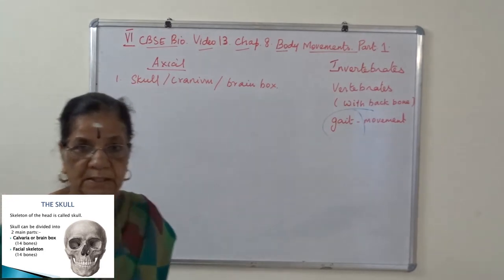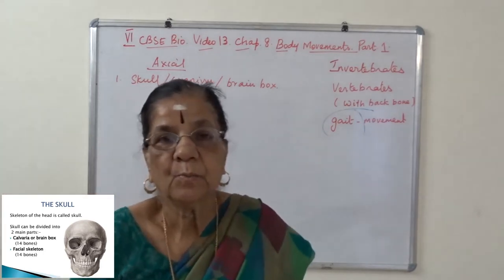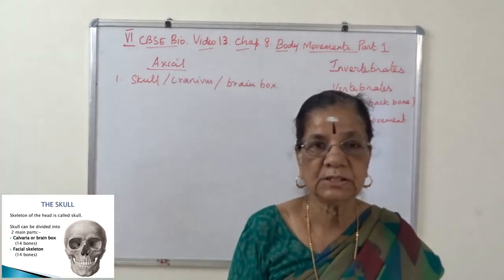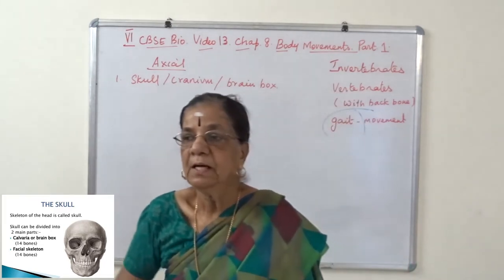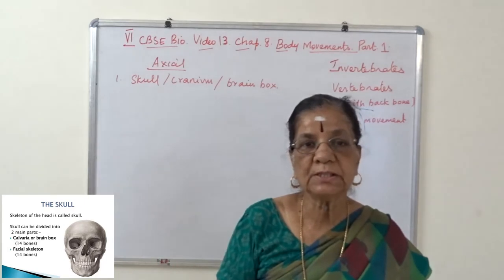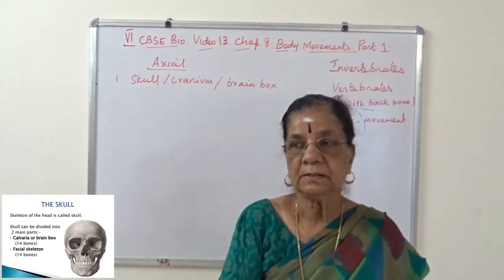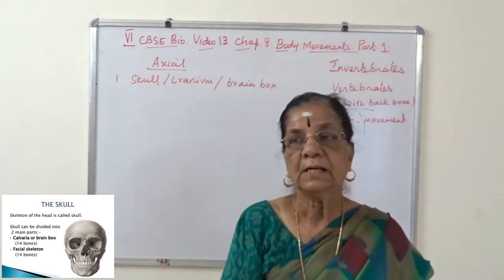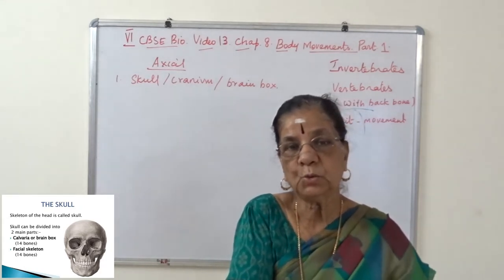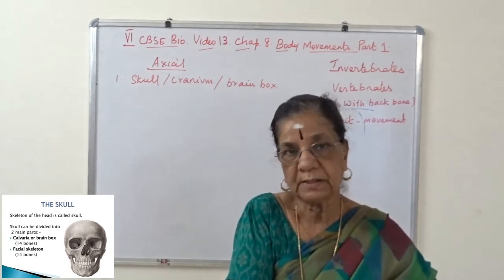I am just reminding you, we are learning body movements, video 13, chapter 8, part 1. We are learning about locomotion and movement, and locomotion is occurring in animals, and we are learning about locomotion in human.